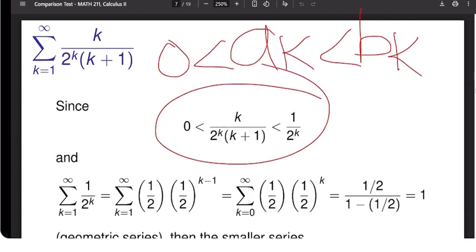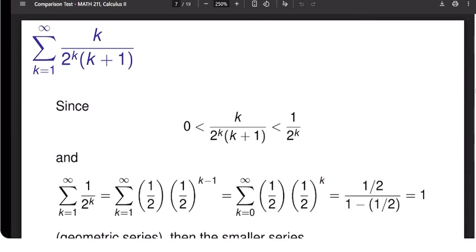Now, I'm not going to work with the most complicated form of expression. I'm going to work with 1 over 2 raised to power k only. Whatever decision I take with 1 over 2 raised to power k, which is my BK, then I will take decision about the AK, the original one.